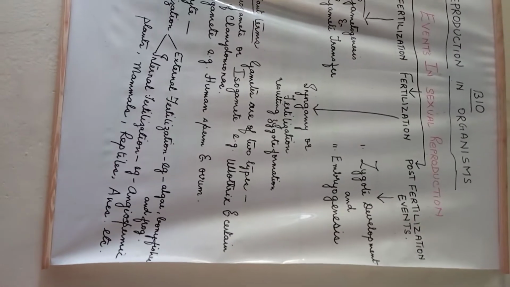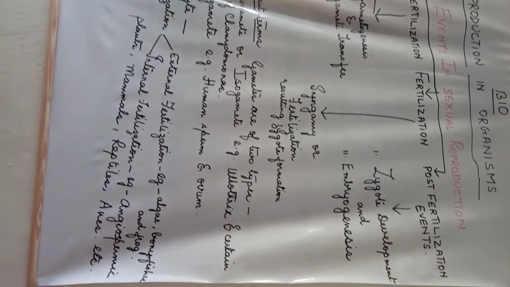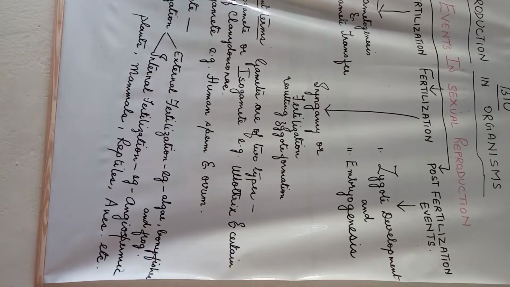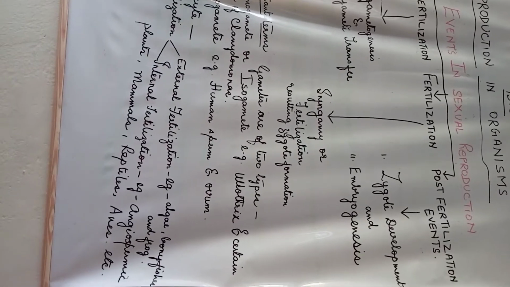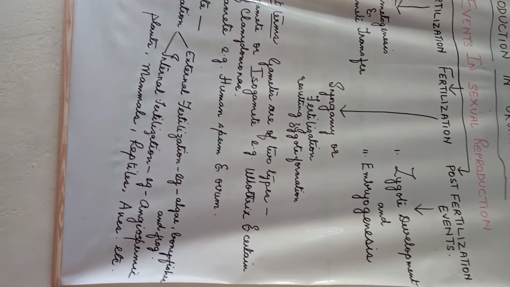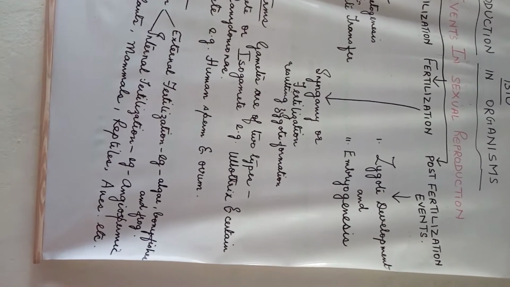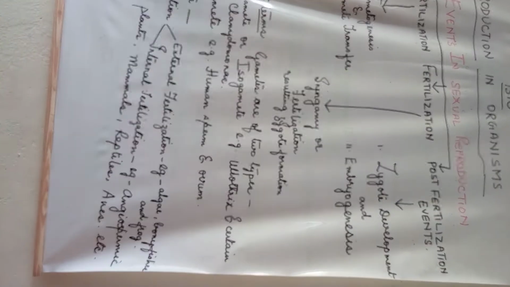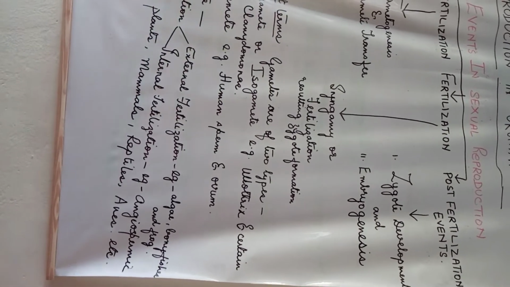In seed plants, that is angiospermic plants, the zygote starts its development after a certain amount of endosperm is developed. This is an adaptation to ensure supply of nutrients to the developing embryo. In most animals, bryophytes and pteridophytes, the zygote develops immediately after its formation.